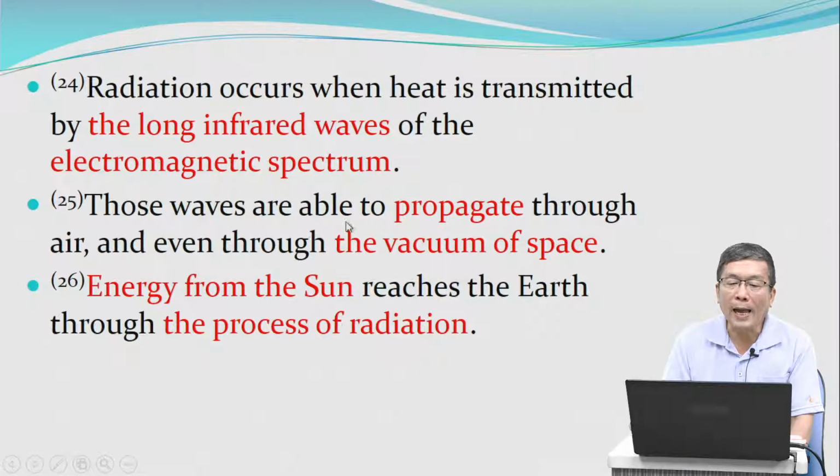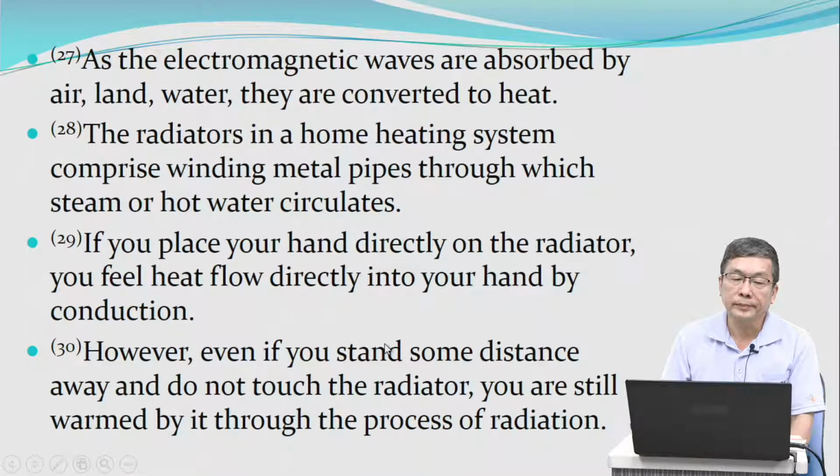Those waves are able to propagate through air and even through the vacuum of space. Energy from the sun reaches the earth through the process of radiation. As the electromagnetic waves are absorbed by air, land, and water, they are converted to heat.